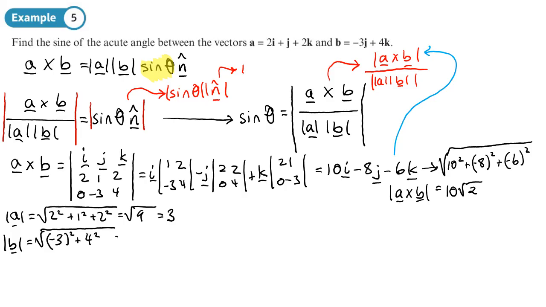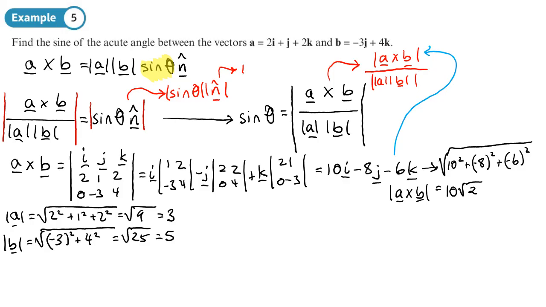You could put plus 0 squared if you wanted to. So that's going to be 9 plus 16, which is 25, root 25. I don't need a calculator for this, which is 5.